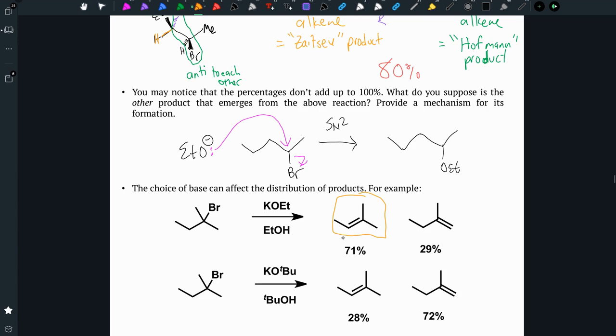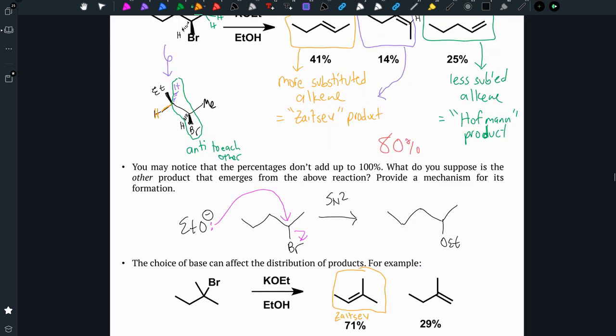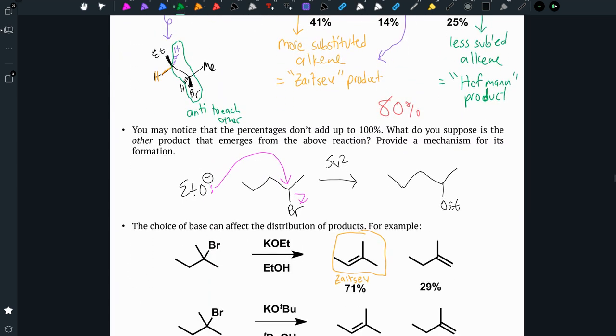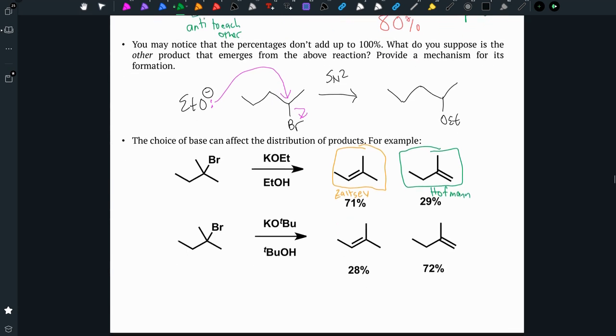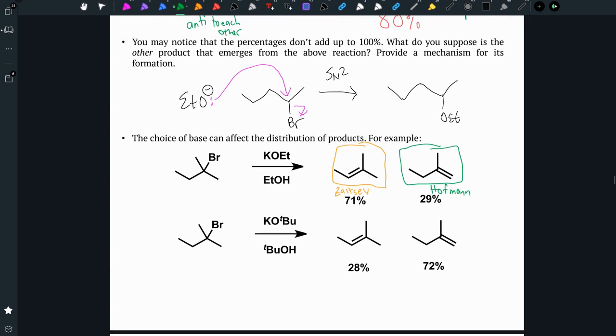So 71% Zaitsev and only 29% Hofmann. So the Zaitsev is the major product.